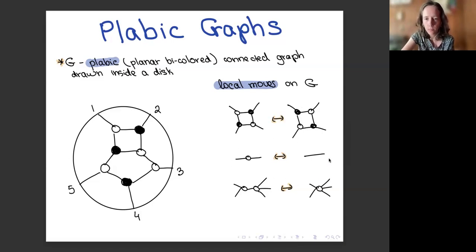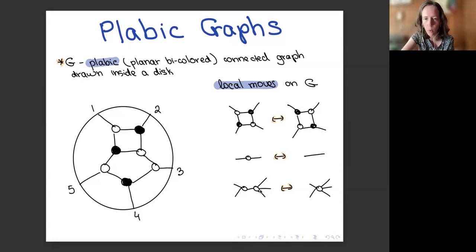One can also remove a vertex of degree 2. Here I drew it as being white, but it could also be black. Whenever you have a vertex of degree 2, so just two edges coming out of it, you can remove it and it's not going to affect the combinatorics we will be talking about. And then the last move is whenever you have an edge between two vertices of the same color.